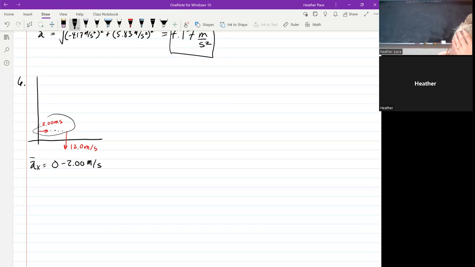Our final is 0 over our change in time. We are given that in our problem, 1.50 seconds. And if we use our calculator, or you may be able to do these simple ones in your head, we get 1.33333 meters per second squared. Using our appropriate significant digits, we get 1.33 meters per second squared.